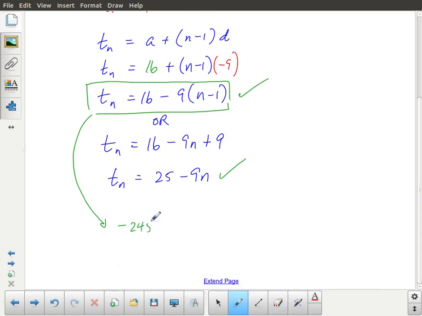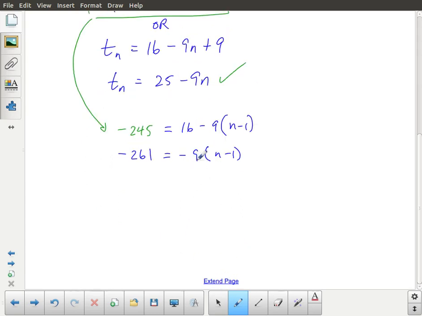Negative 245 equals 16 minus 9 times n minus 1. And now from here, I'm going to subtract 16 from both sides. So I end up with negative 261 equals negative 9 times n minus 1.